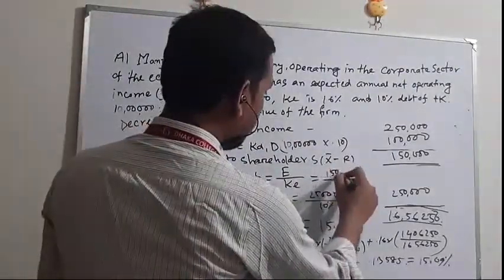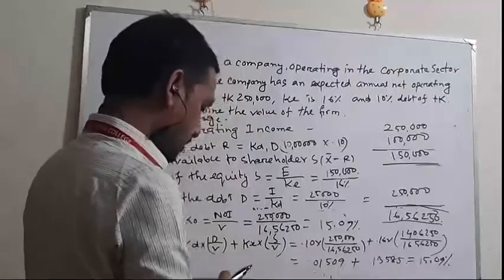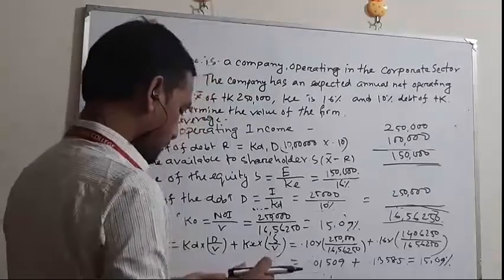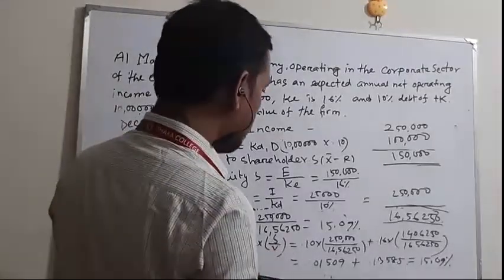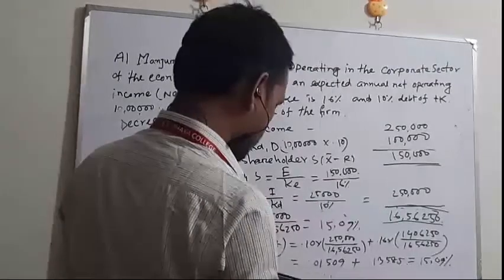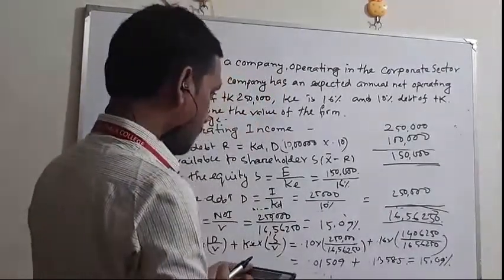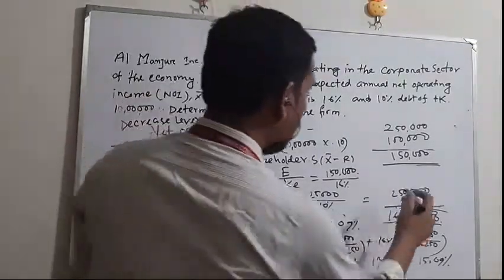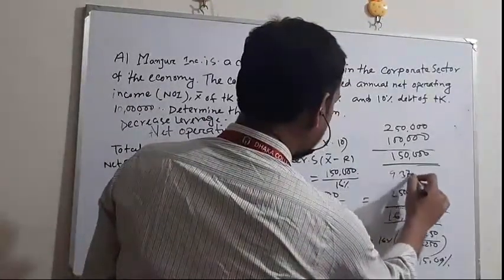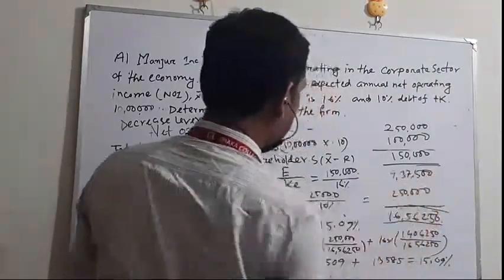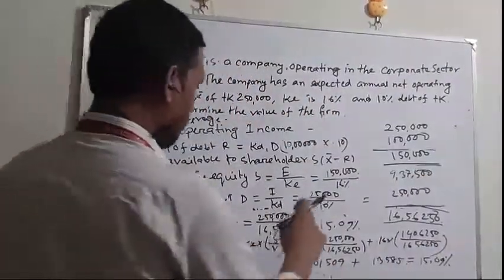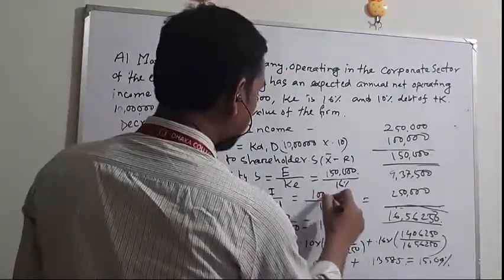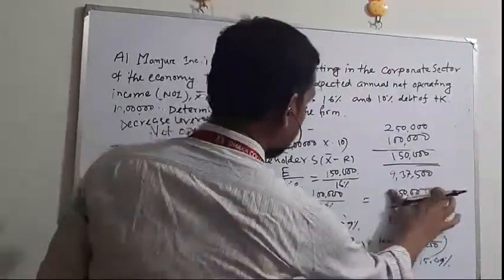So 1,50,000 taka divided by 0.16 is 9,37,500 taka. Okay, good. Then debt 10 lakh.